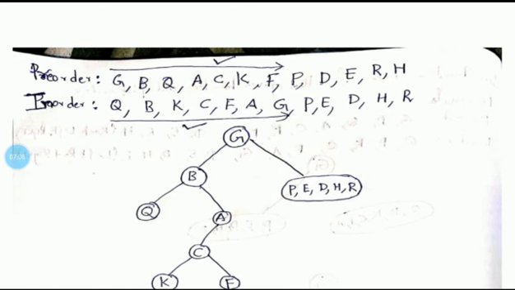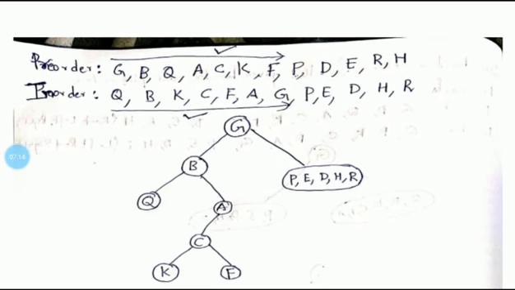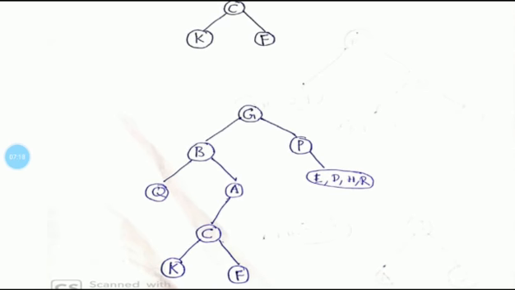In these five elements, the first to appear in the pre-order sequence is P. So P becomes a root node for the right subtree of G.